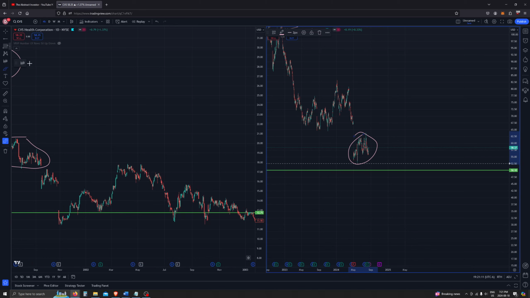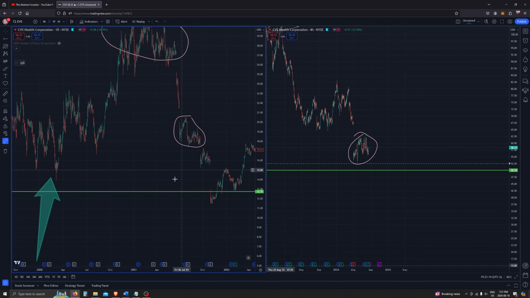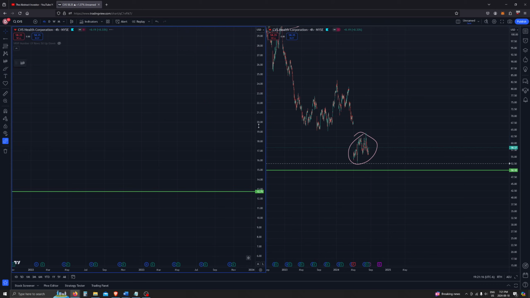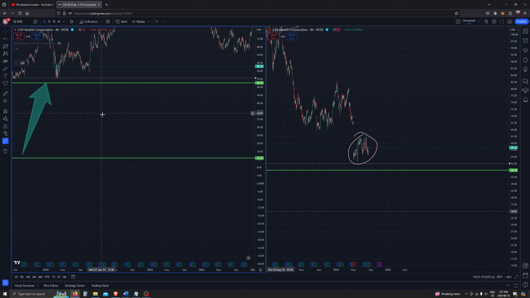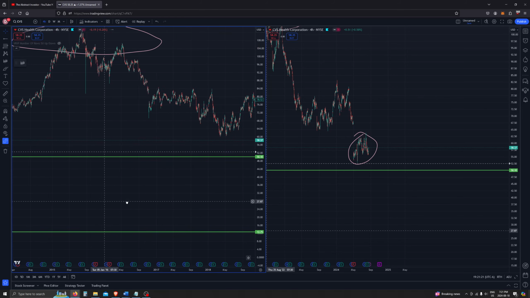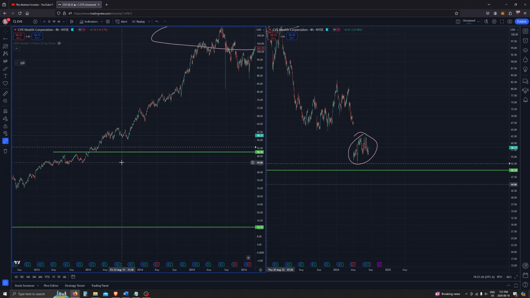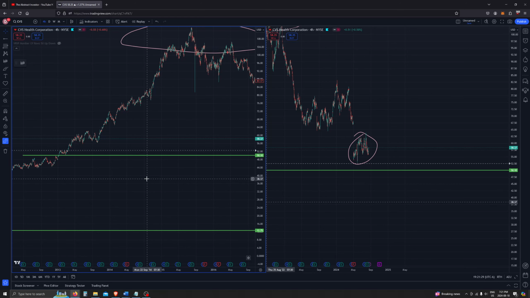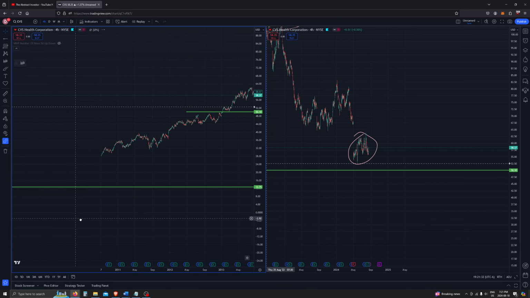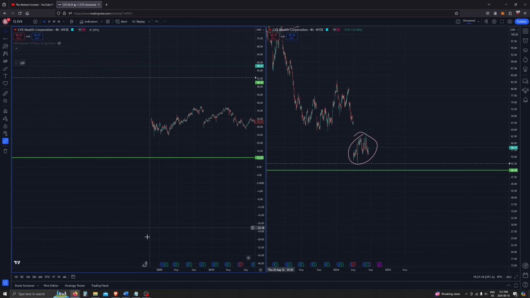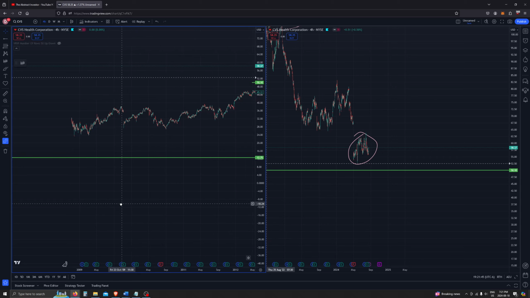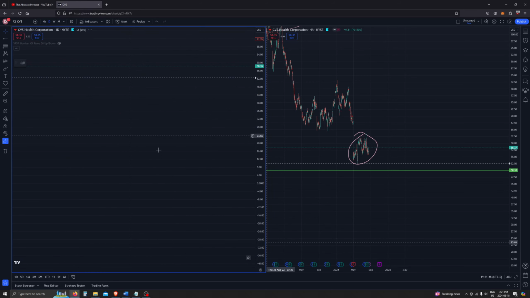If I switch to the 4-hour time frame on this other one, I don't have the premium charting subscription for TradingView because it's pretty expensive, so I just have a basic account. But if you try to look at the history, this dinosaur here, history stops at 2008 on the 4-hour time frame, so I don't get to look at the 4-hour time frame for that one.